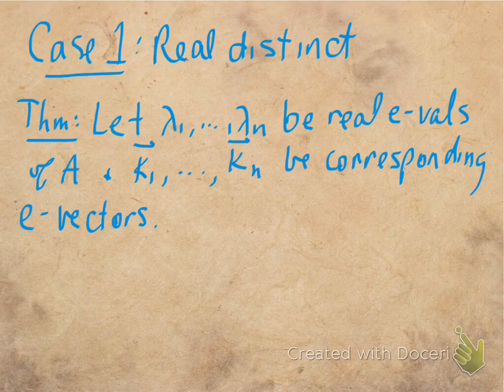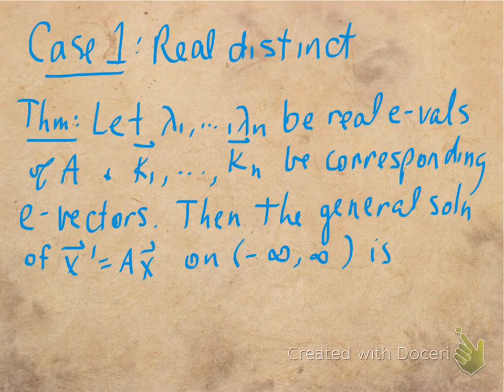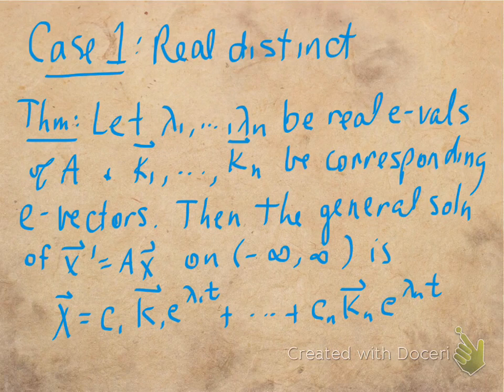The theorem in your book says that if we have n real distinct eigenvalues for our n by n matrix A, and n distinct corresponding eigenvectors, so lambda 1 through lambda n are my eigenvalues, k1 through kn are the corresponding eigenvectors, then the general solution of x prime equals Ax on the whole real line is of the form x equals c1 k1 e to the lambda 1 t plus c2 k2 e to the lambda 2 t, etc., plus cn kn e to the lambda n t.